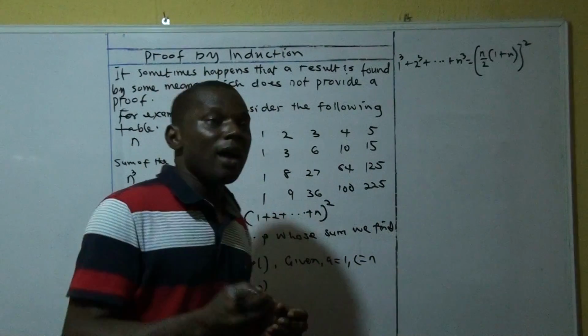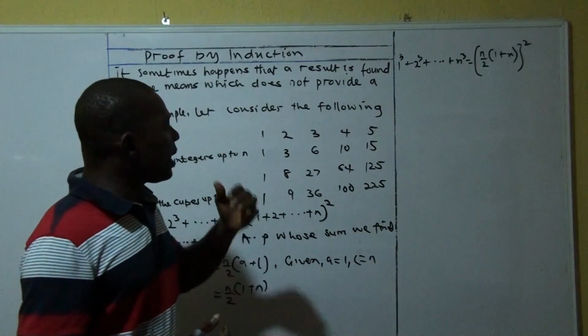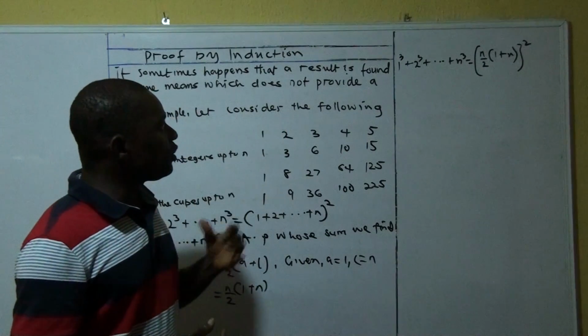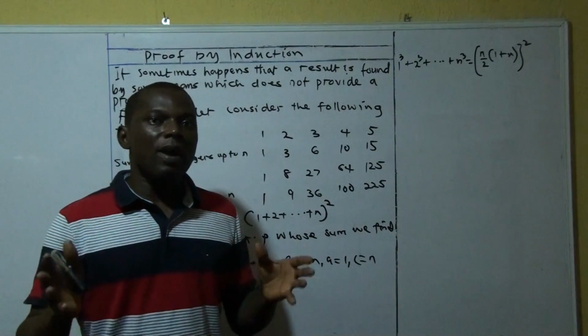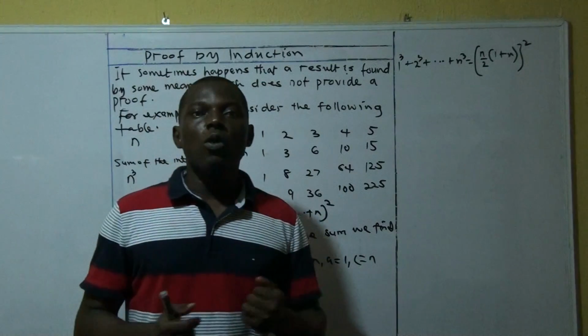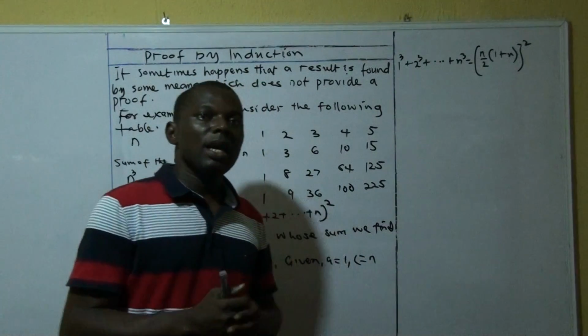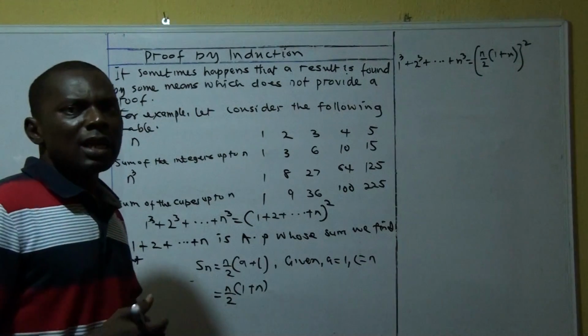This is just an introductory part of it, and in our next class we are going to bring out questions and specify the procedure for proof by induction. I hope that you enjoyed the class.